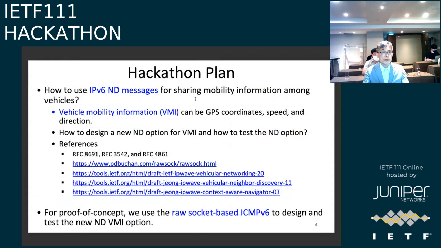This time, we want to demonstrate IPv6 neighbor discovery messages for sharing mobility information among vehicles using a new ND option, the neighbor discovery option. It is called the vehicle mobility information option, VMI. It contains GPS coordinates such as latitude and longitude, speed, and direction.